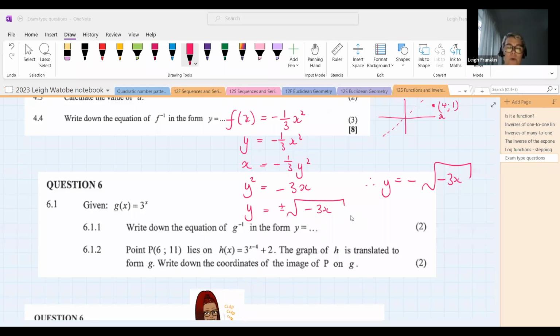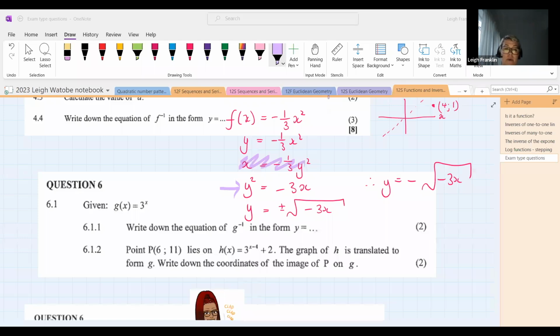So in other words, what we would have had to do in order to go from this step over here to the one below it, we have to divide both sides by negative 1 over 3. That's why we get y squared is equal to minus 3x. Remember we're trying to isolate y, aren't we?